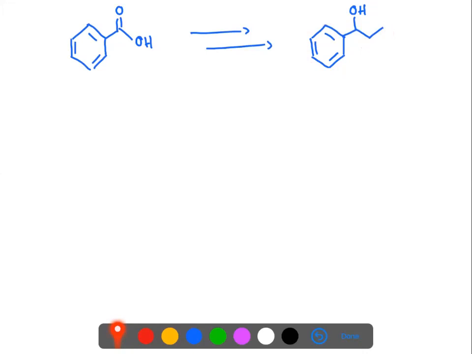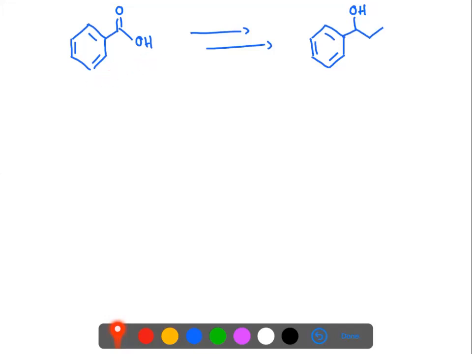So now we want to think about ways in which we can add, if you will, carbon to the corresponding carboxylic acid. Now, one thing we mentioned in section 12 when talking about carbon nucleophiles is that Grignard reagents and organolithiums do not react well with carboxylic acids.